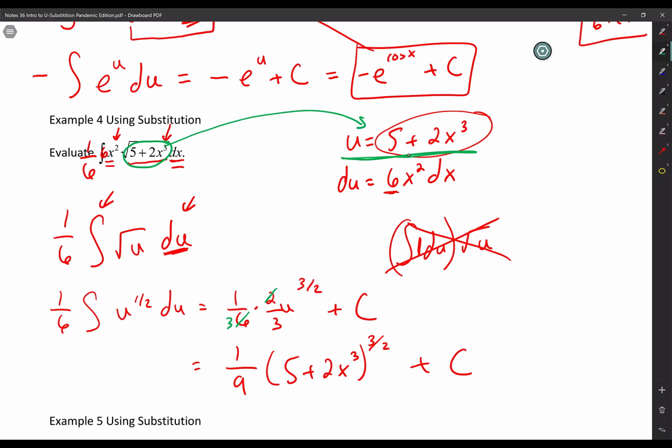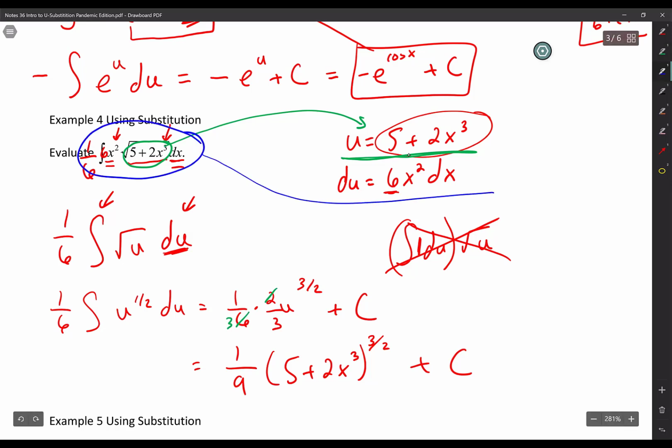And then where did the x squared go? Oh, you see the x. Okay, I'm going to rewrite this. Maybe I should have done that first. So look, this right here rewritten, I'm just talking about the integral there, is integral square root of 5 plus 2x cubed, that's on there, and then I can write 6x squared dx. So now it's easier to see.